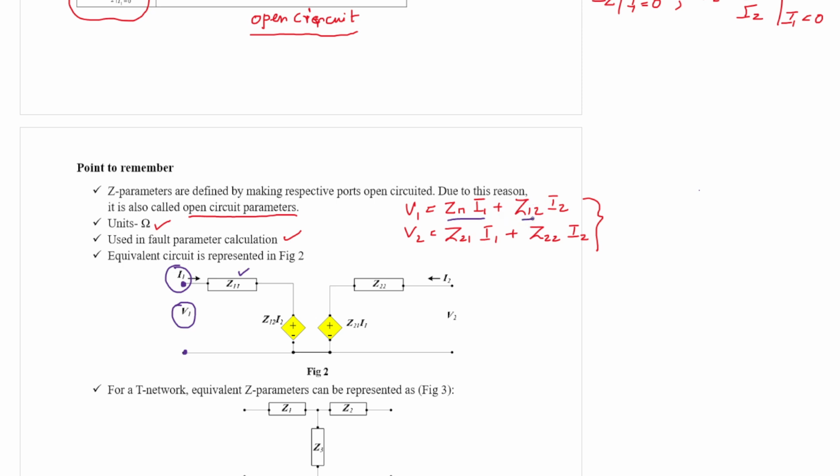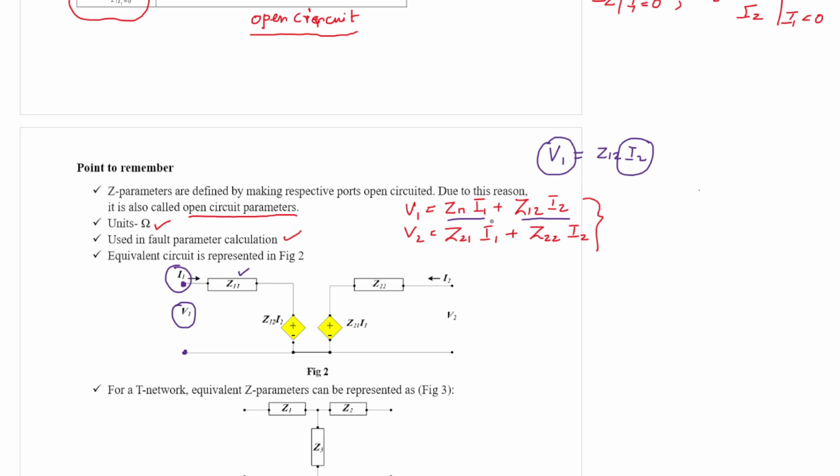And another part is Z12 I2. Now V1 depends on Z12 I2. You closely observe, this V1 represents a parameter of the input side and I2 represents a parameter of the output side. So the input side is dependent on some output parameters.